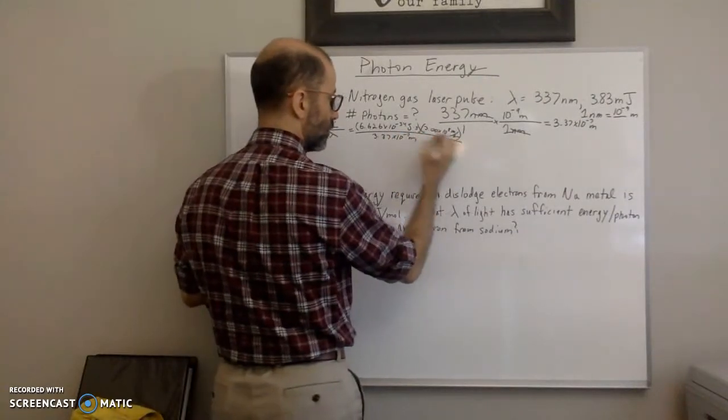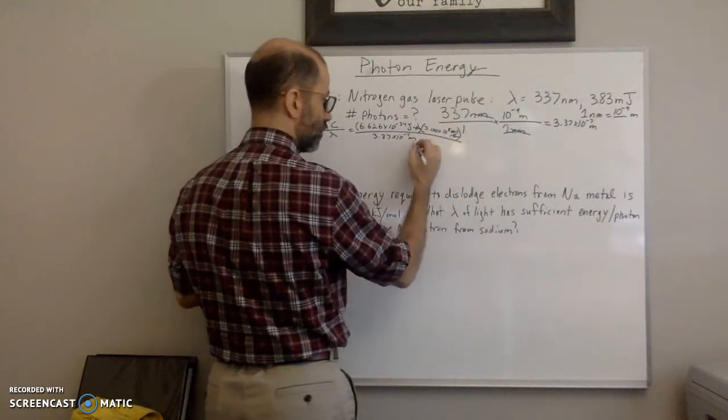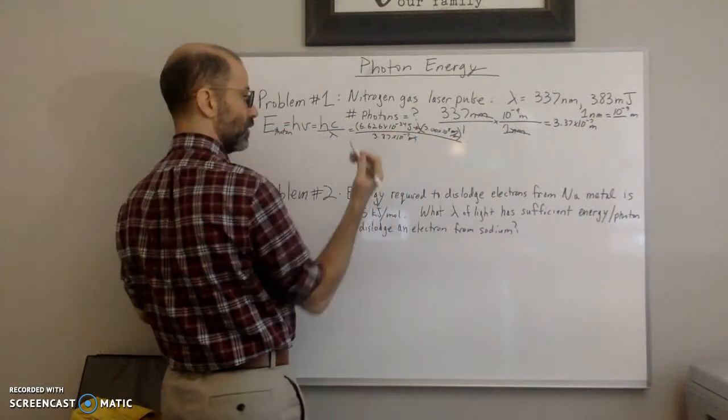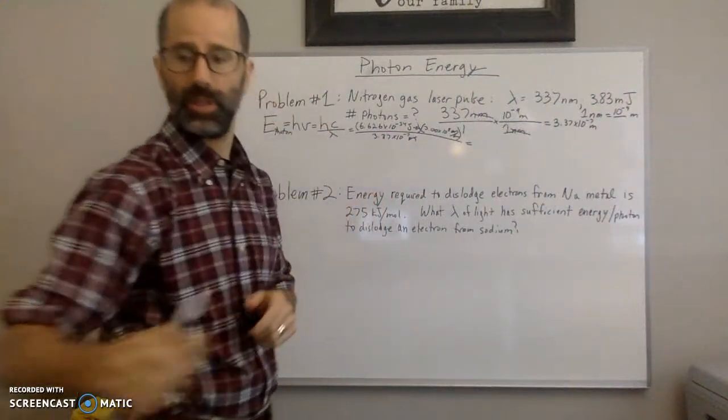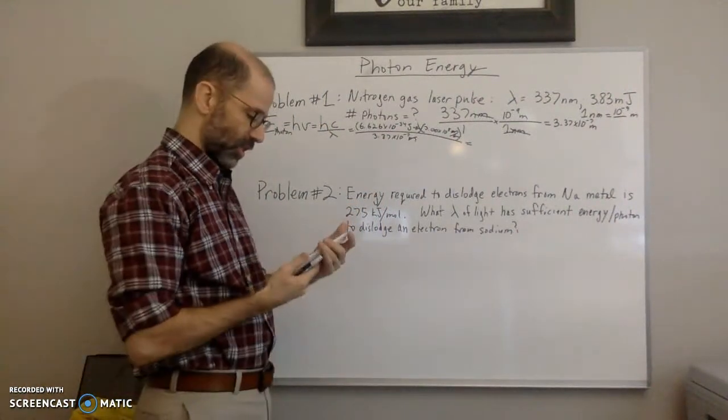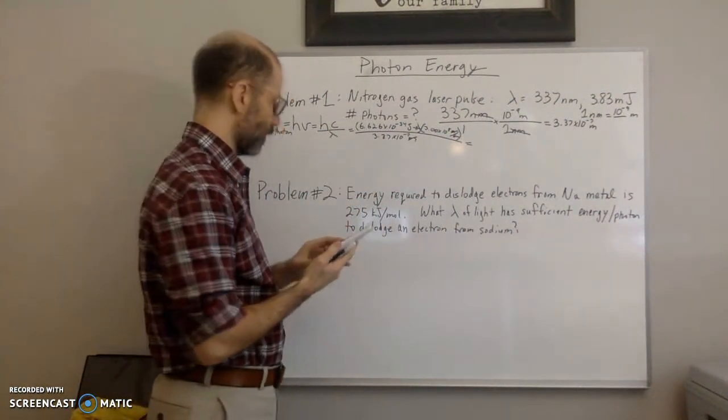So seconds are going to cancel out, meters are going to cancel out, and I'm left with joules, which is the energy unit. So I'm going to calculate the joules. This will be the energy of a photon.